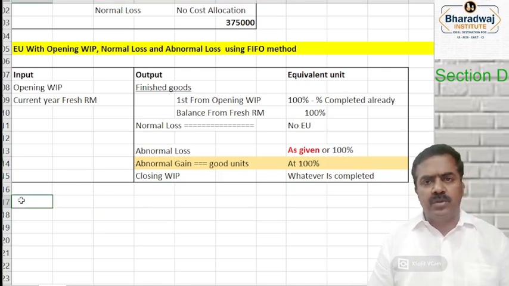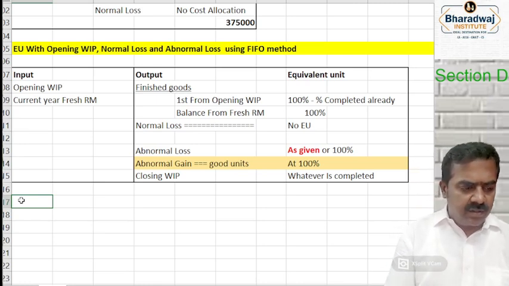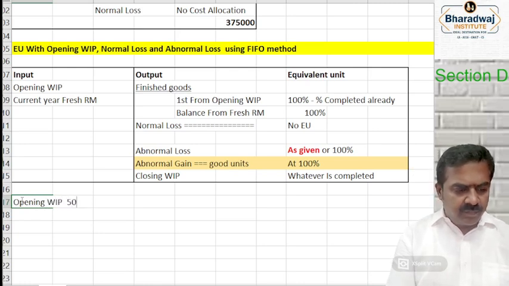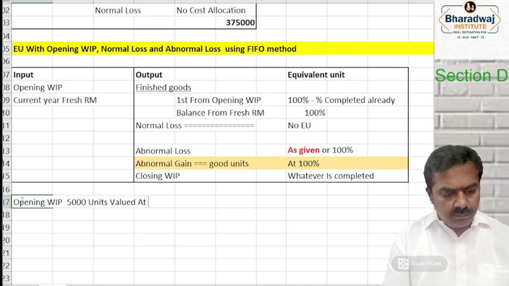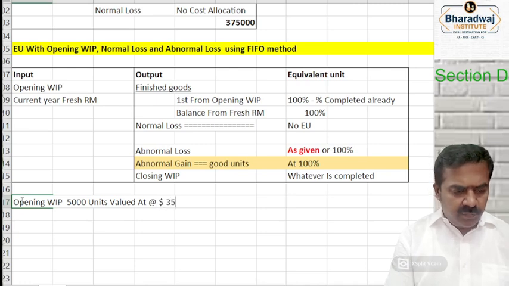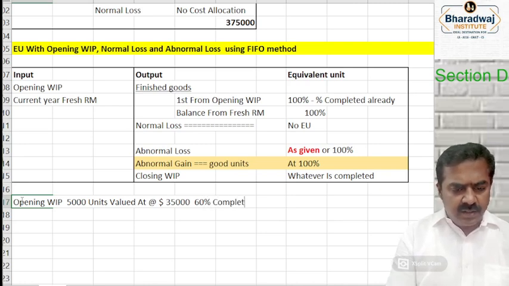We'll do a problem so that you will understand in a better way. Take up this table. Opening WIP, 5,000 units, valued at $35,000, 60% complete. Already 60% is complete.